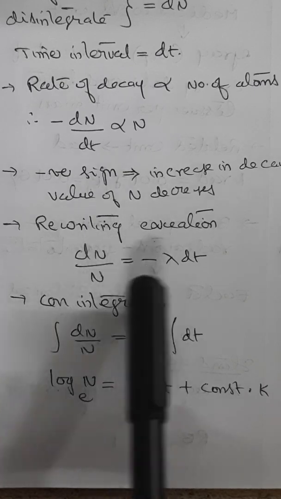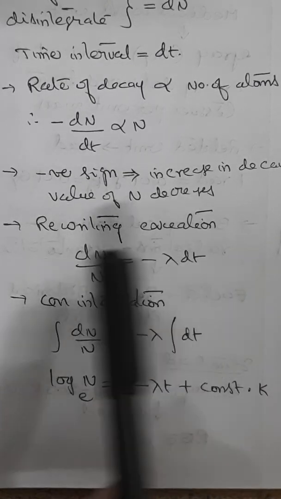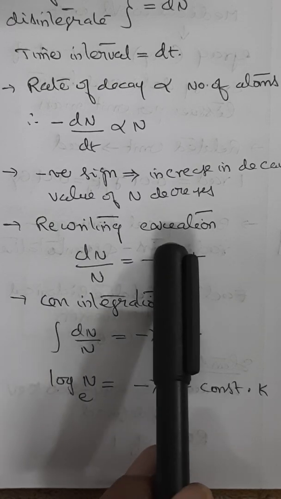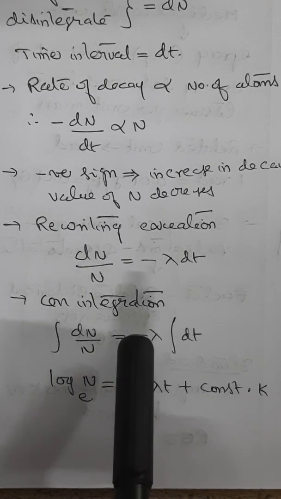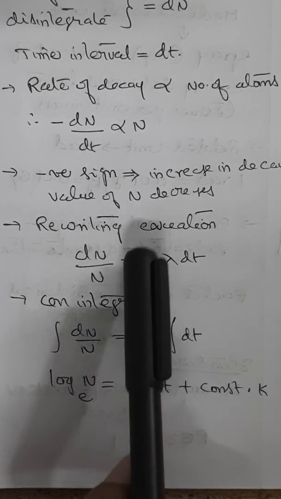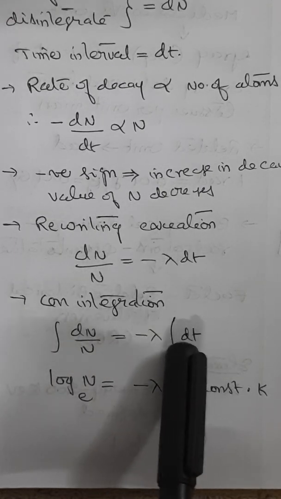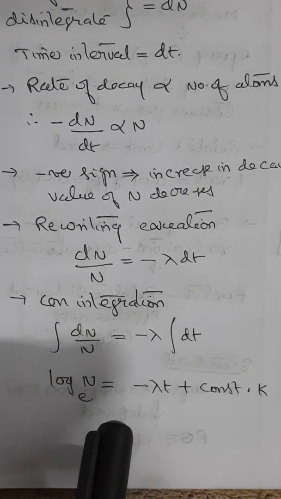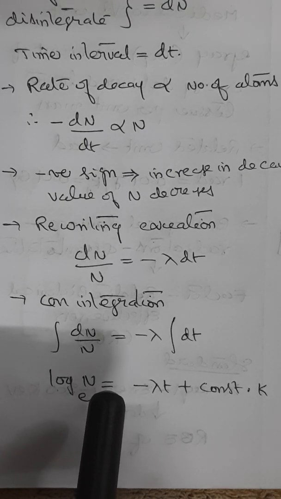By integrating this entire equation on both sides, we can write integral dN by N equal to minus lambda into integral dt, as the constant we can bring out of the integral operator.